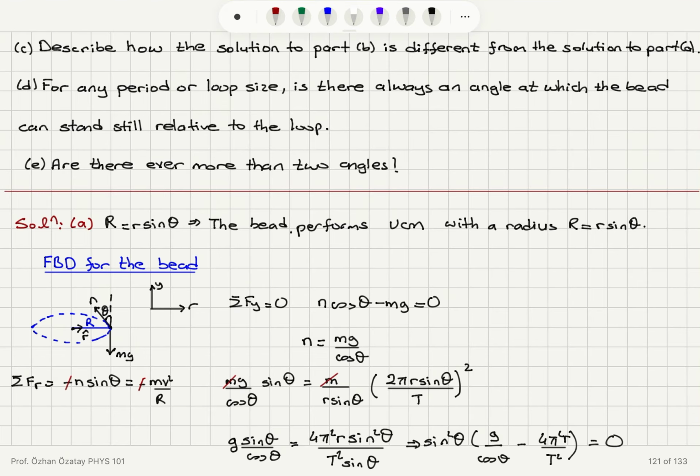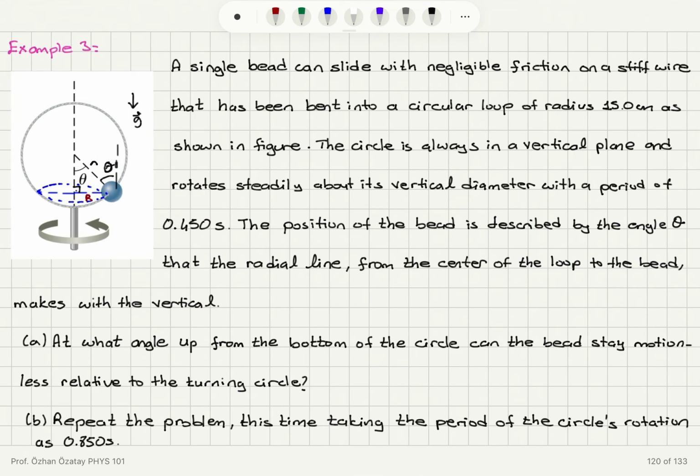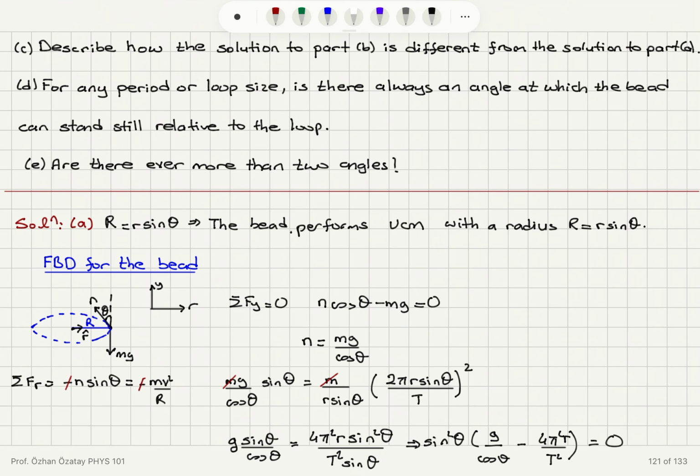So we drew a free body diagram for the bead, where we identified the normal force, the contact force between the wire and the bead, and mg the weight. From the condition that there's no motion on the y-axis, the normal force equals mg over cosine theta, and in the radial direction minus n sine theta equals minus mv squared over r. We were careful about the radius of this circle being different from the radius of the circular wire: r sine theta equals capital R.